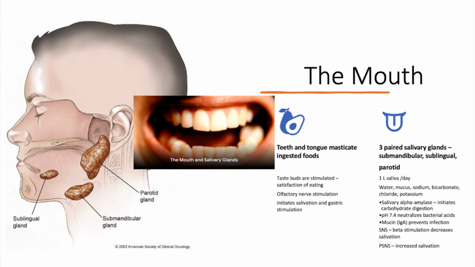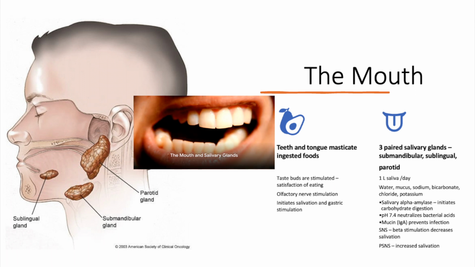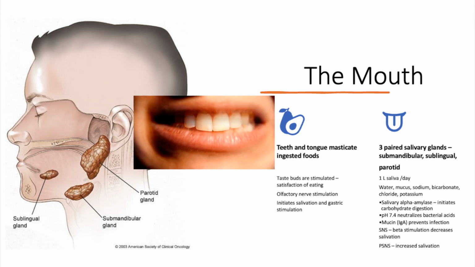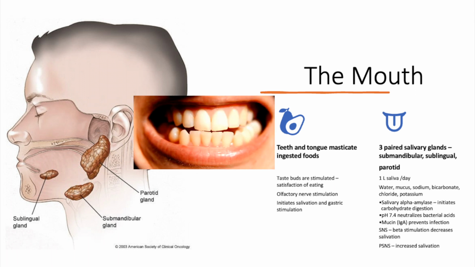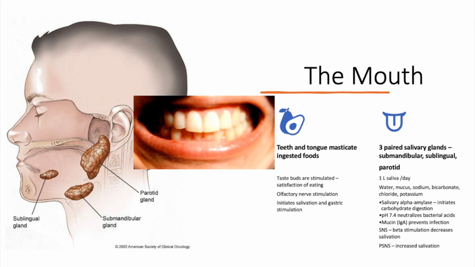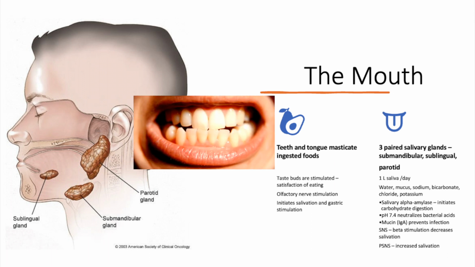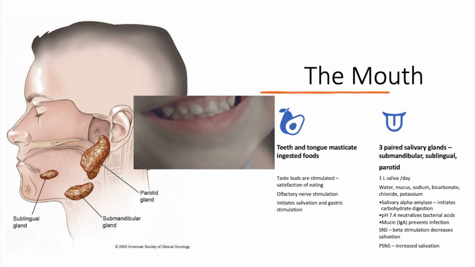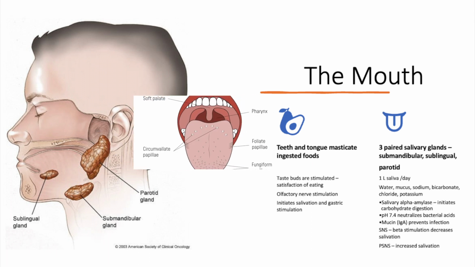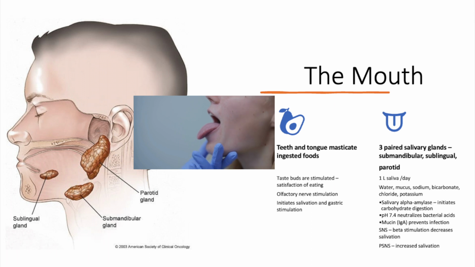The mouth is the typical entryway into the digestive system. Primarily, the oral cavity serves to masticate or chew food and mix it with saliva. Therefore, the teeth and tongue are important for this purpose. 32 permanent adult teeth and the muscular tongue also help with speech.